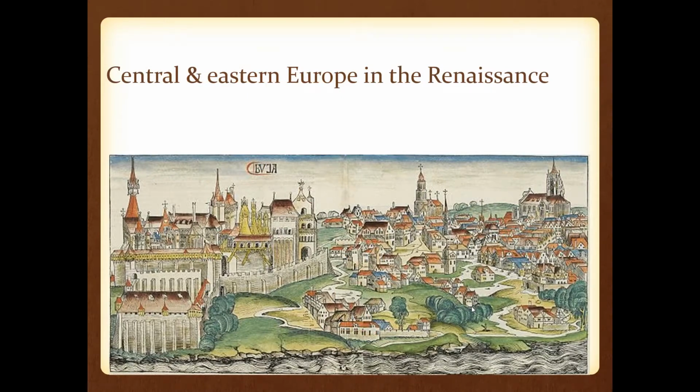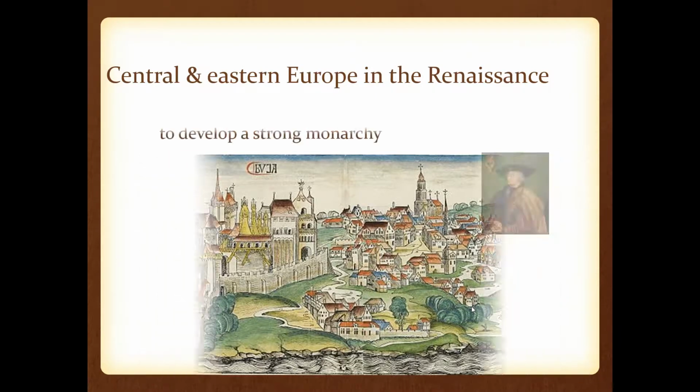So even though Western Europe is benefiting from the Renaissance, a lot of it doesn't trickle into Central and Eastern Europe, which will be a recurring theme here, especially in this first part of our class.